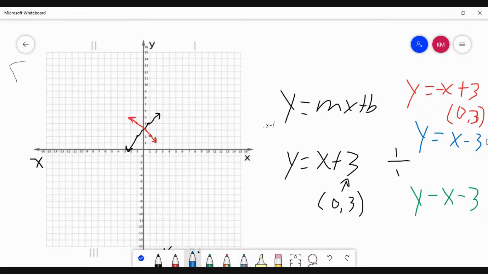Same thing if I have a positive slope, but a negative intercept, 0, comma negative 3. Zero, negative 3, that's here. Positive 1 over 1 slope.